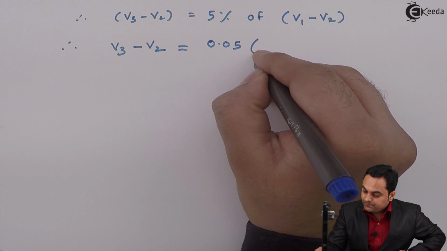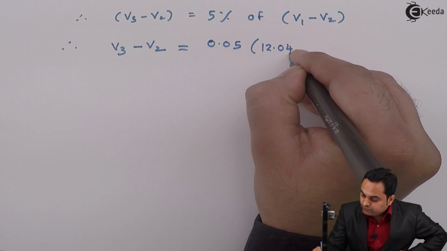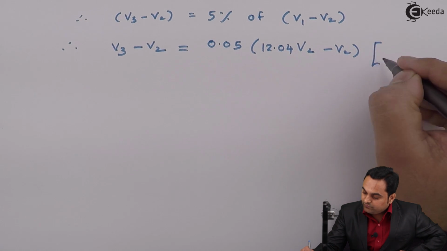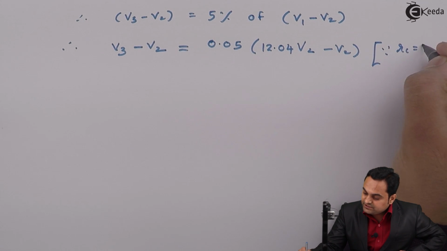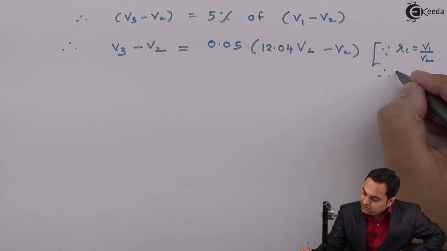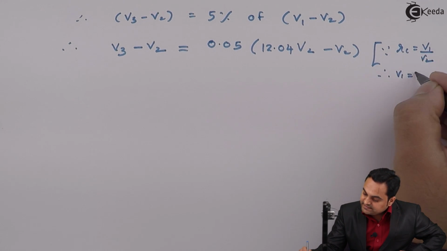So therefore 12.04 times of V2 minus V2, since RC is equal to V1 by V2, and therefore V1 will be RC, 12.04 into V2.